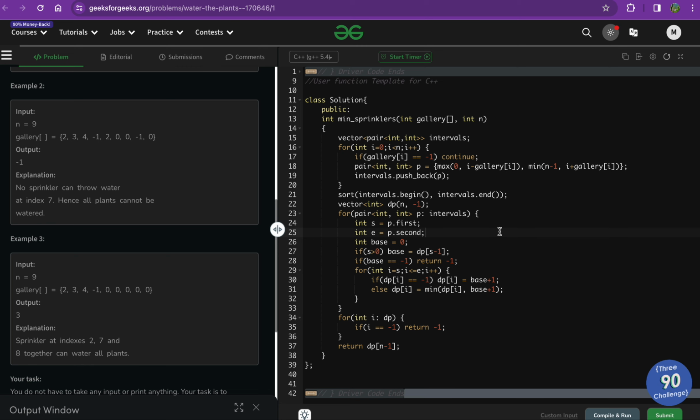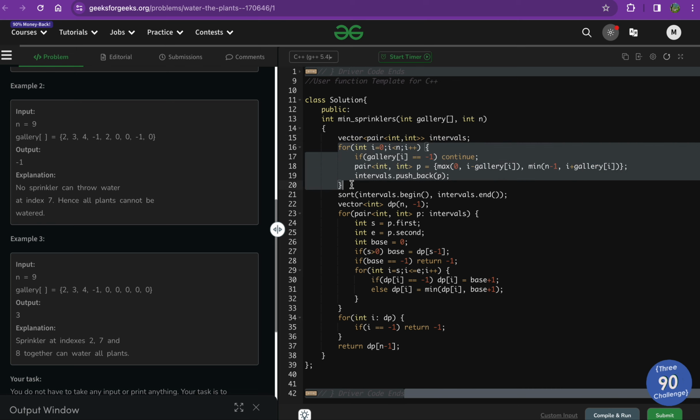So this is exactly what I have done here. I have taken a vector of pairs called intervals, and via this for loop I am populating this interval array. I have put a condition that if the gallery is -1, there is no sprinkler present, so we will not include it in the intervals vector.